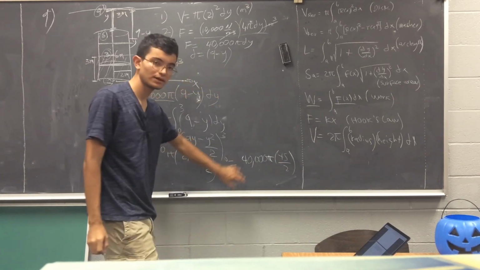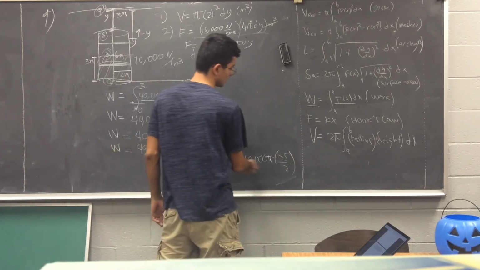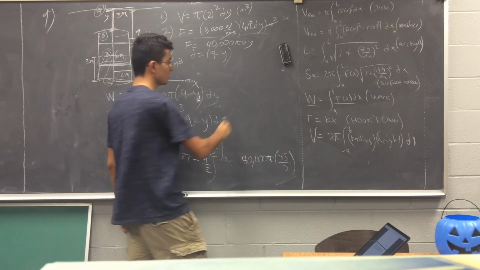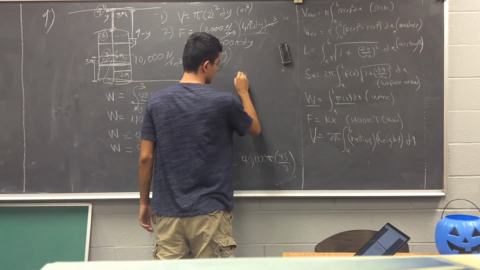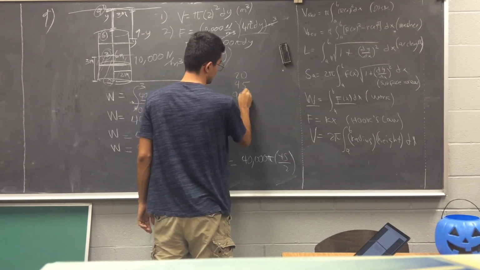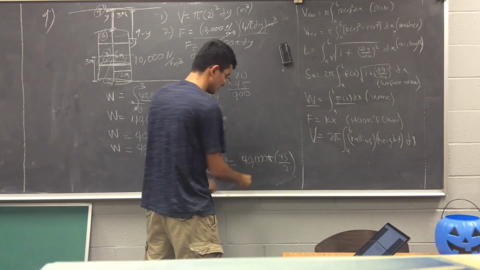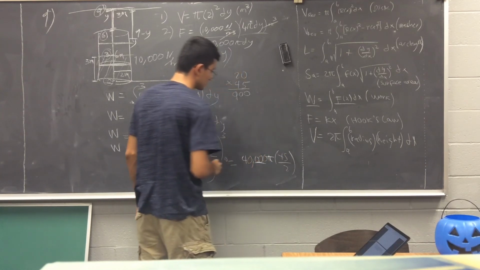We can simplify this: 40,000 divided by 2 is 20,000. And then we have 20,000 pi times 45. So we multiply 20 by 45, and that's going to give us 900. And then we just have to add up all the remaining zeros.